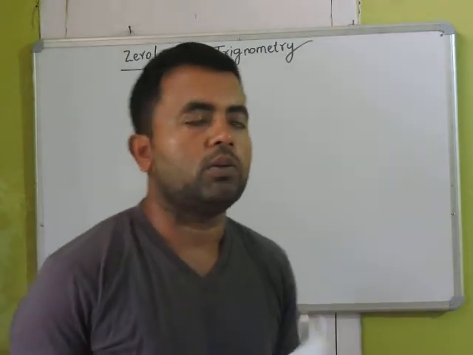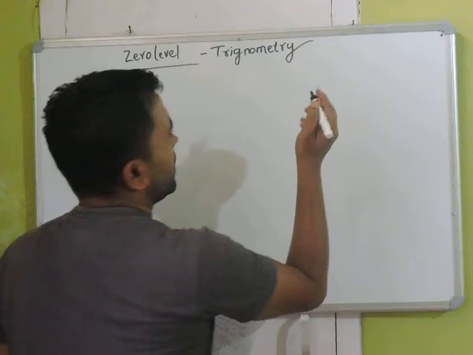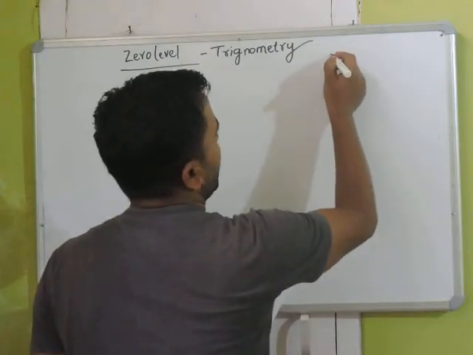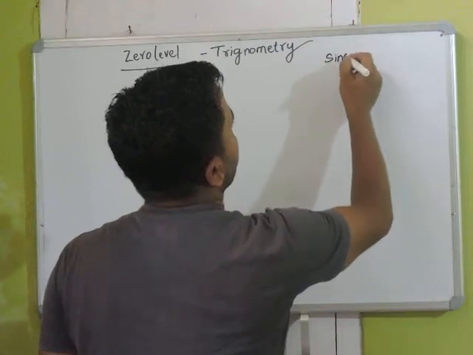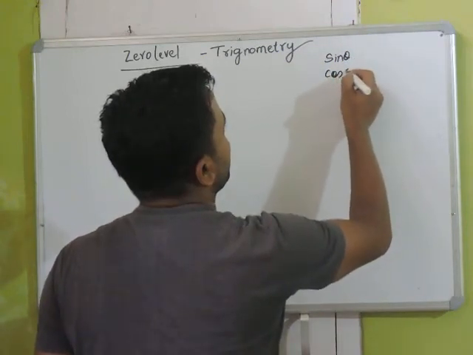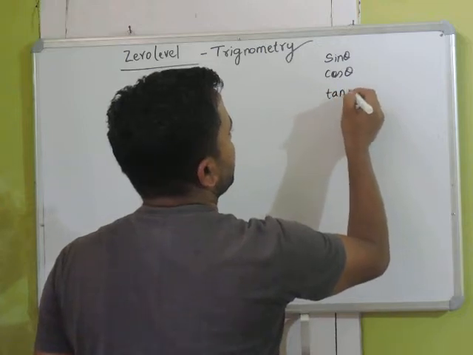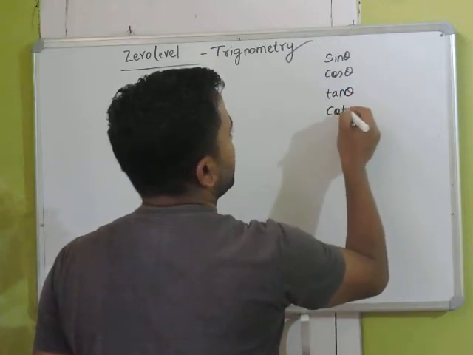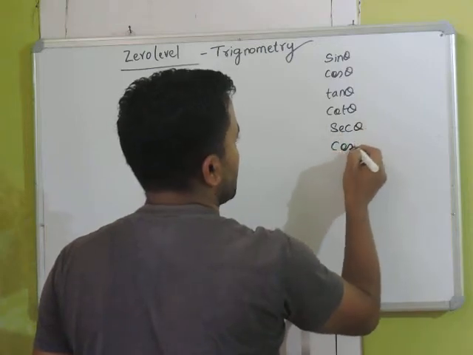Okay, now to start with, you know that in trigonometry you have functions like sine theta, cos theta, then tan, cot, and sec, and cosec, right?